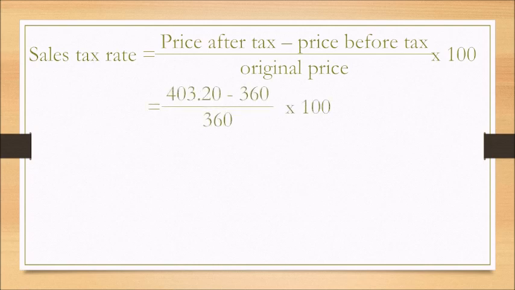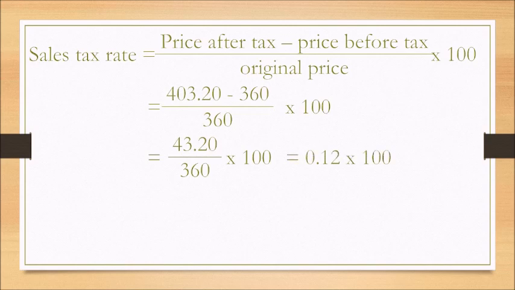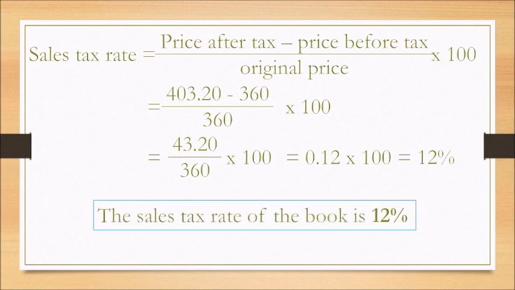So that would be 403.20 minus 360, divided by 360, times 100. So that would be 43.20 divided by 360 times 100, which is 0.12 times 100, or simply 12%. So the sales tax rate of the book is 12%.